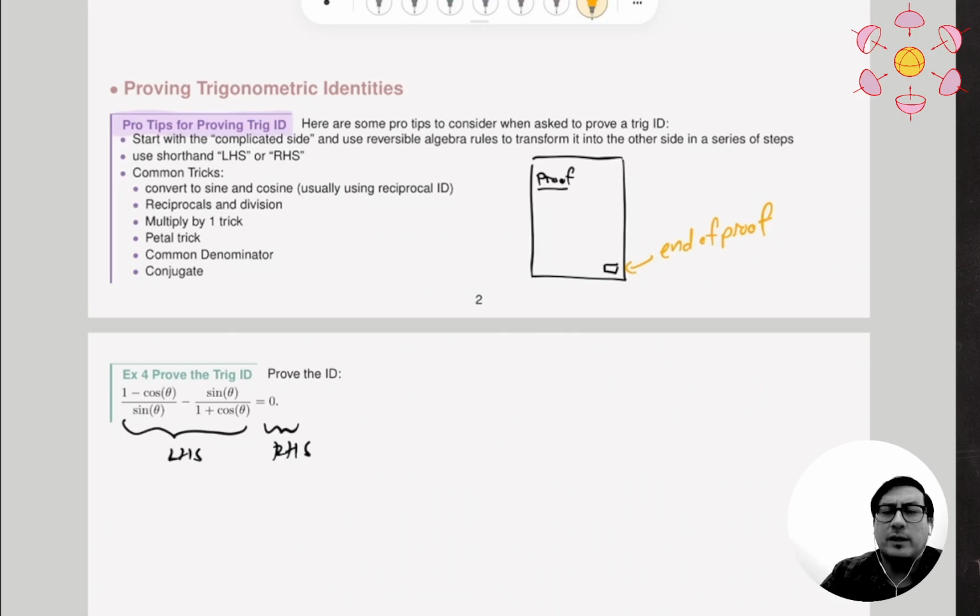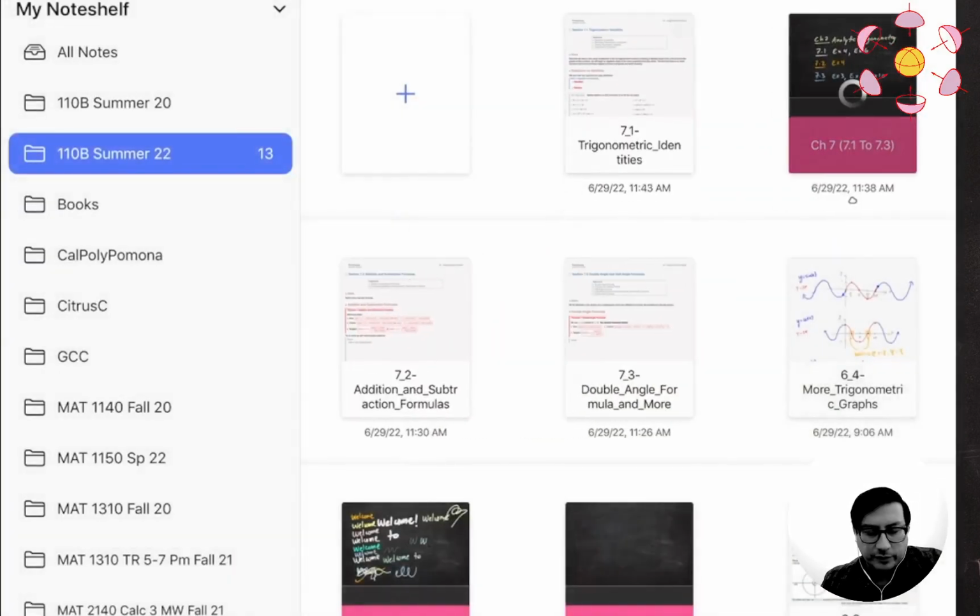A proof is an argument to convince us that the statement or the claim that we are making is true. And then you can read some of these common tricks here about things to keep in mind. It's a good handy thing to put on your cheat sheet. So if you're stuck on a proof on the test, you can be like, okay, let me look through these just to get some advice. All right, I think we're ready to actually start solving our first problem. So let's jump into that.